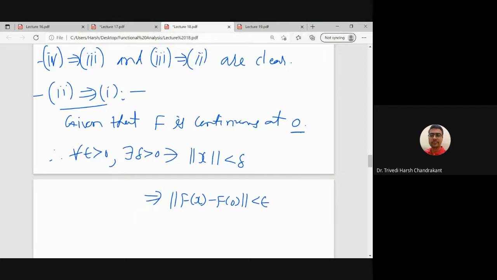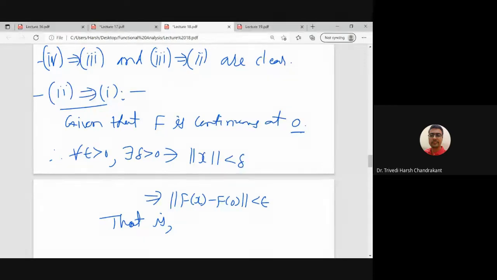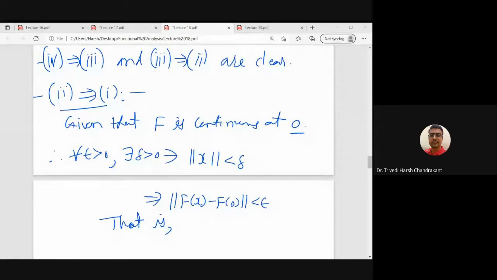Right, so now the last condition is what? F is a linear function. So what can we say about f of 0?